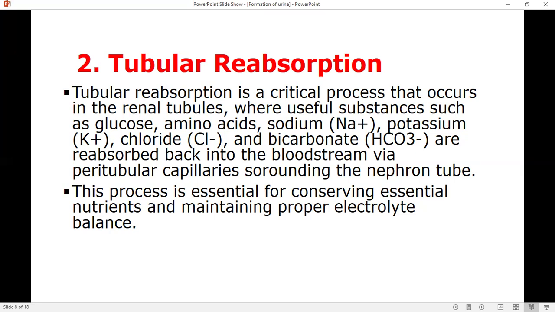So from the nephron tube, they move back into the circulation using the peritubular capillaries, which surround the nephron tube, the ones I was explaining. So tubular absorption is a critical process that occurs in the renal tube, where useful substances such as glucose, amino acids, sodium, potassium get back into the bloodstream.